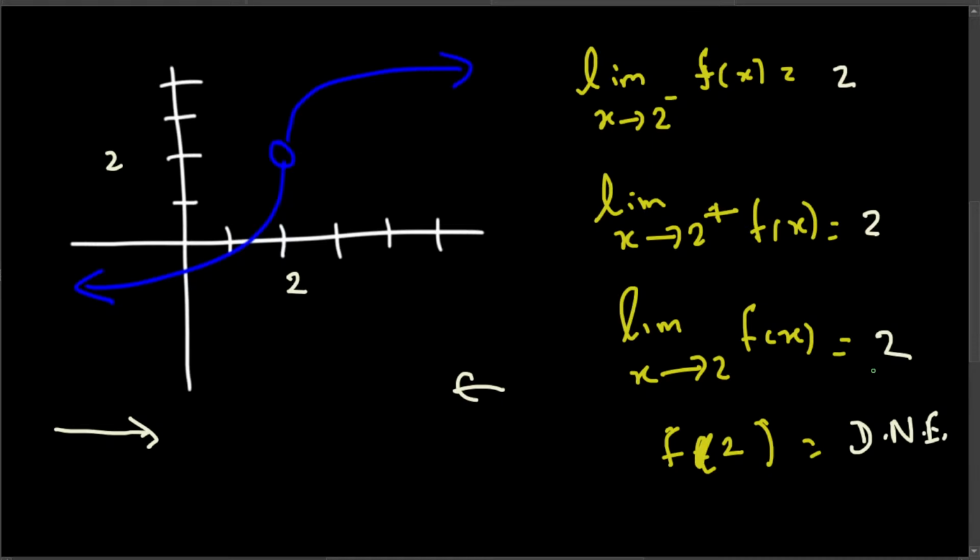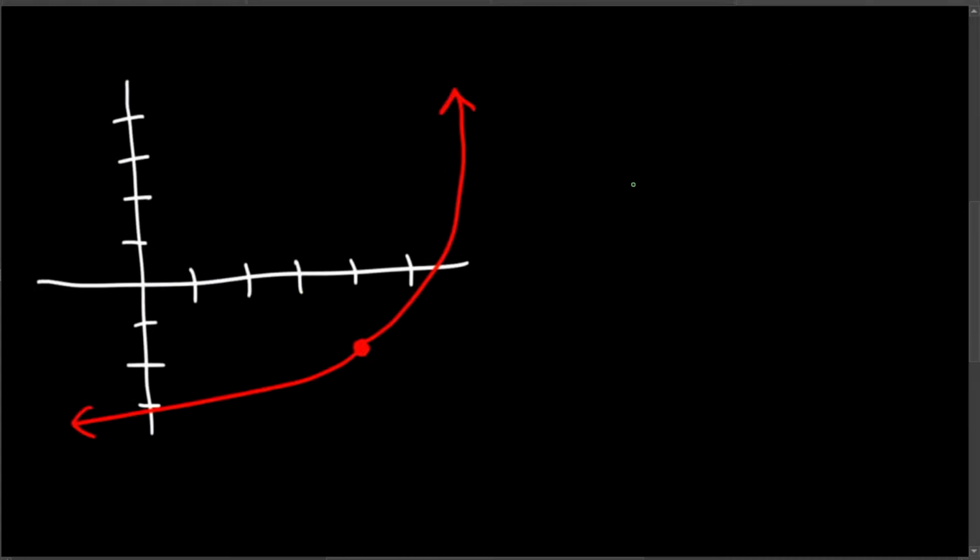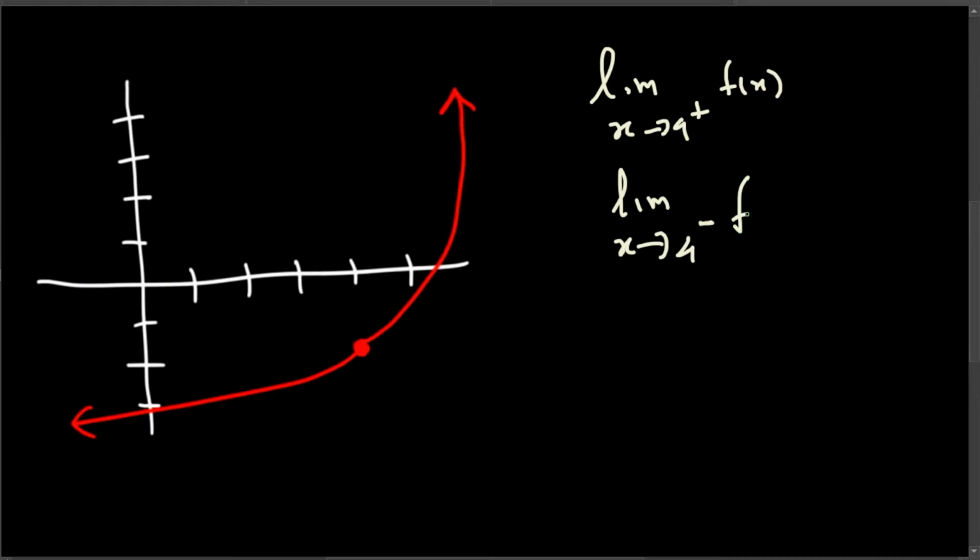Now let's look at another one. Okay, let's look at this graph. Let's say we want to find the limit as x approaches 4 from the left side, what's the y value?